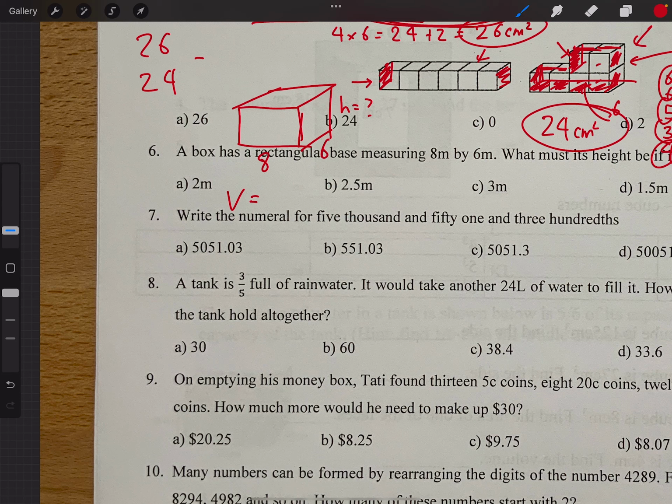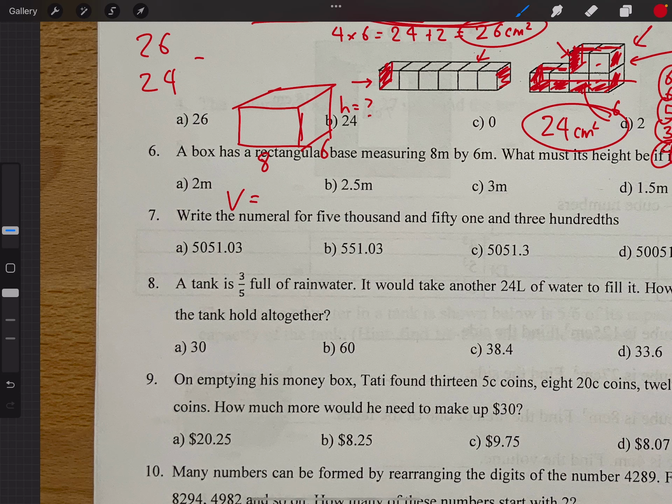Oh, I can simplify this even further. Let's divide it by 4. 12 divided by 4 will give me 3. 8 divided by 4 will give me 2. So therefore, my answer is the height is equal to 3 over 2. What's the unit?